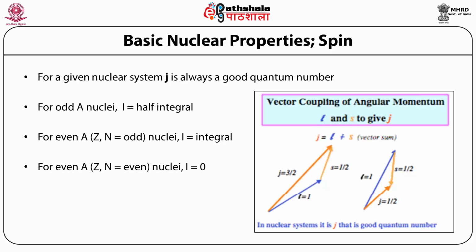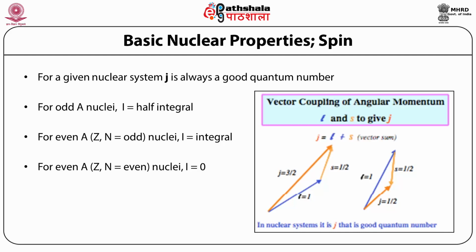Similarly, neutrons are also in motion, so they will have their own orbital angular momentum. Protons and neutrons are also fermionic particles, so they are tagged with some intrinsic spin. So the total angular momentum of the nucleus is the vector sum of the orbital angular momentum plus the spin angular momentum.